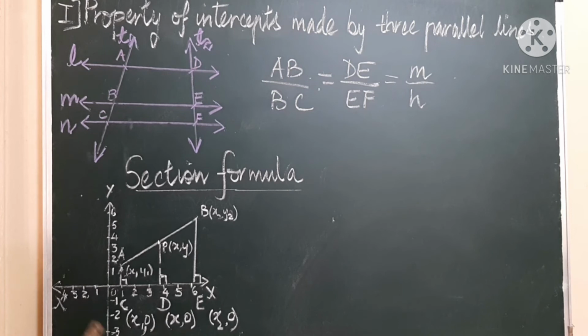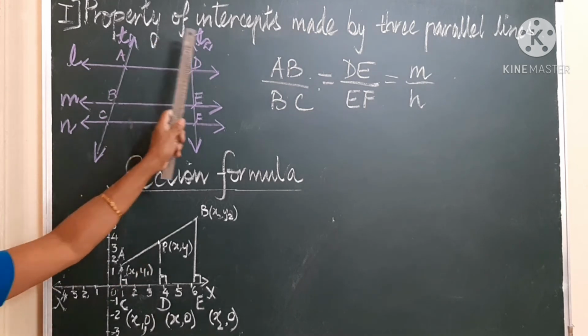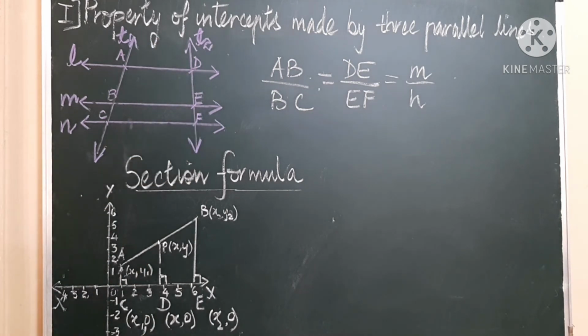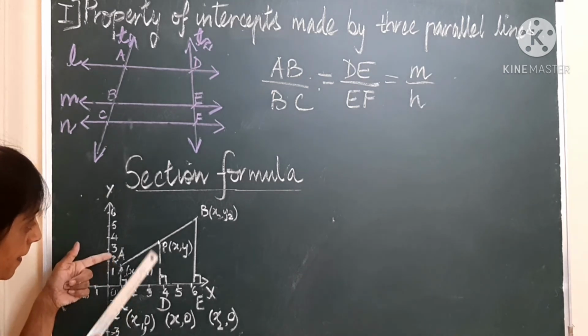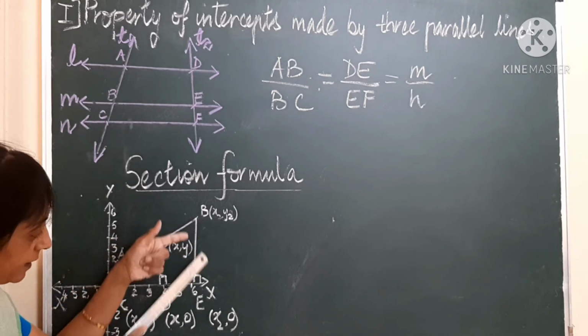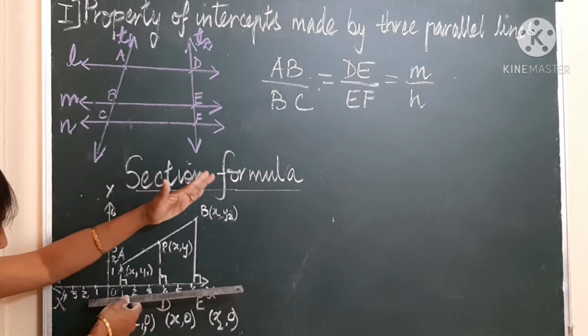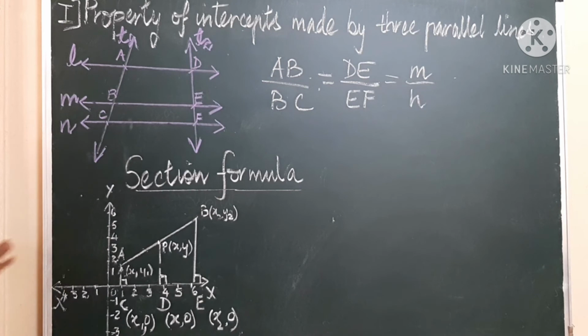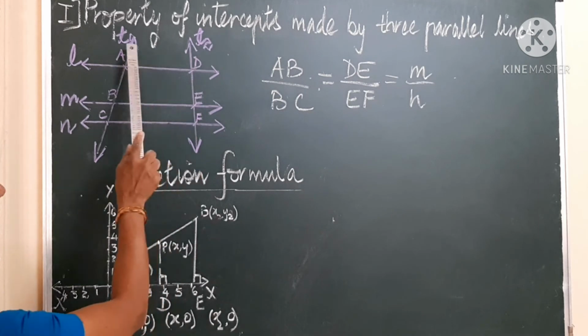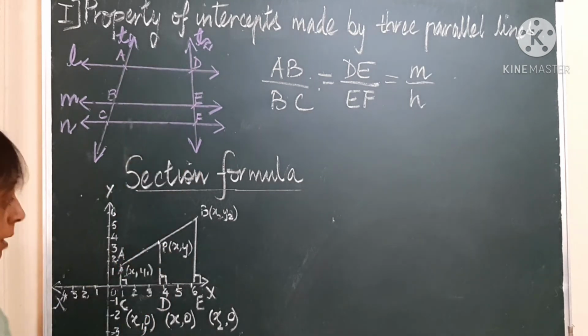Now children, let's use the property of intercepts made by three parallel lines. Which are the parallel lines drawn over here? They are AC, parallel to PD, parallel to BE. And we have two transversals. Which are the two transversals over here? AB, if you extend, and the other transversal is your x-axis itself. So how can we apply the property of intercepts made by three parallel lines?